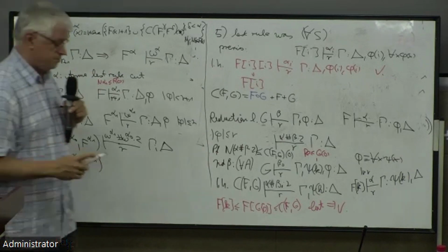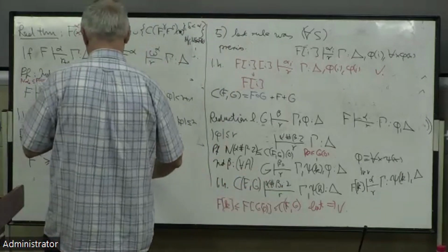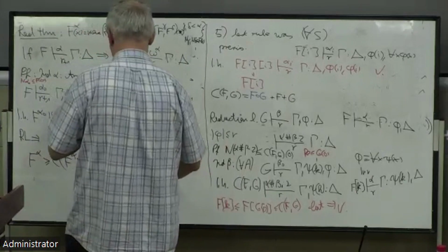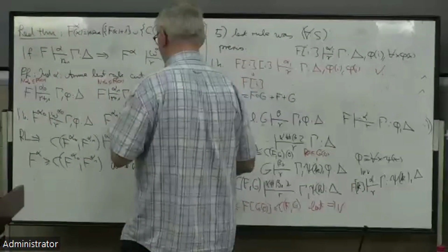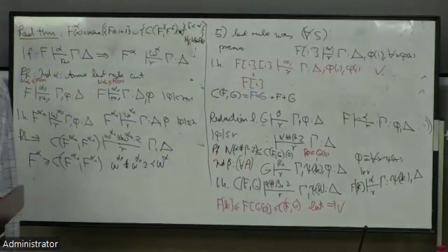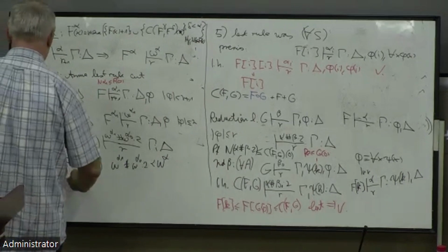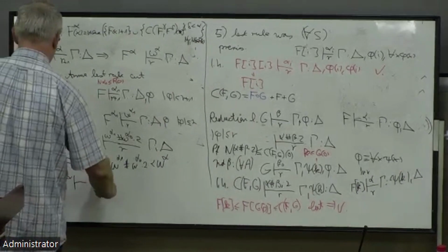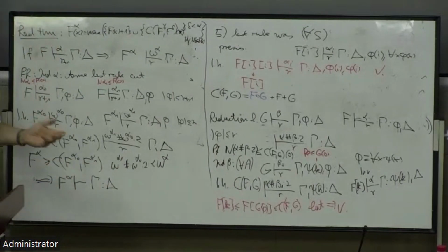And moreover, we have the critical rule for the exponential function, namely omega to the alpha 0 plus omega to the alpha 1 plus omega to the alpha 0 times 2 is smaller than omega to the alpha. This is easily calculated using the normal rules for exponentiation. And hence we conclude with f alpha we can derive gamma, delta. So this is a great argument.